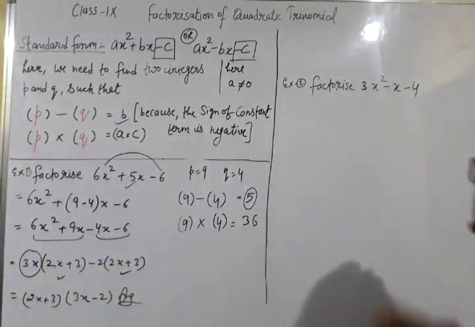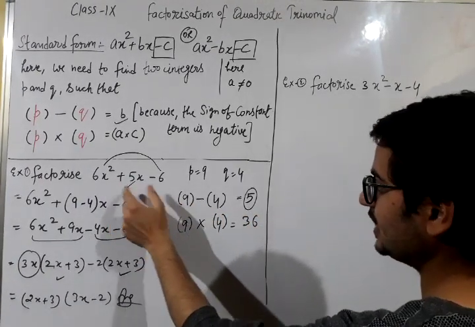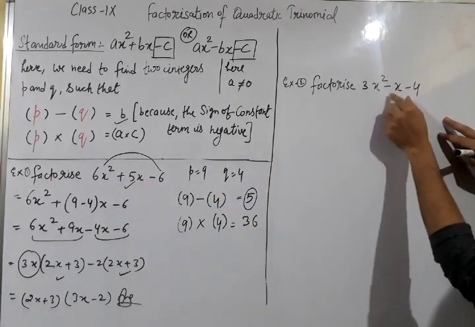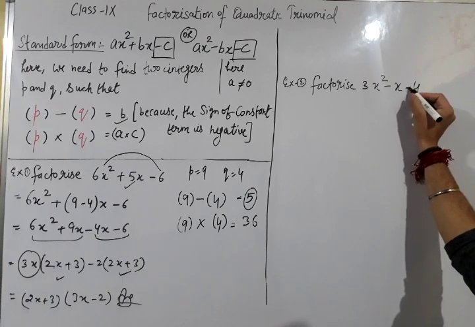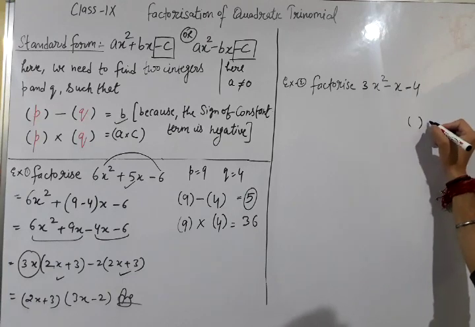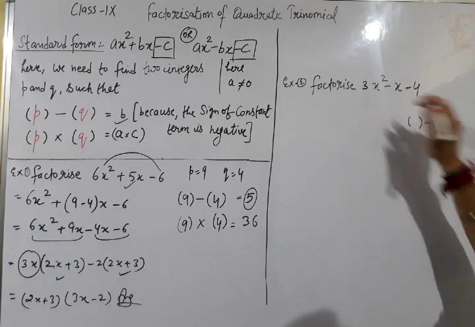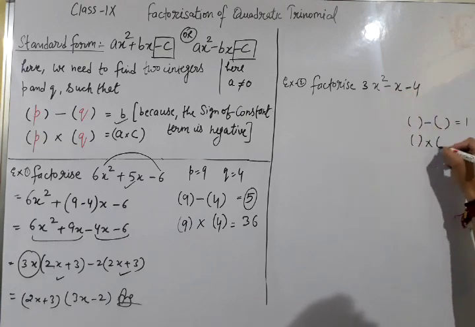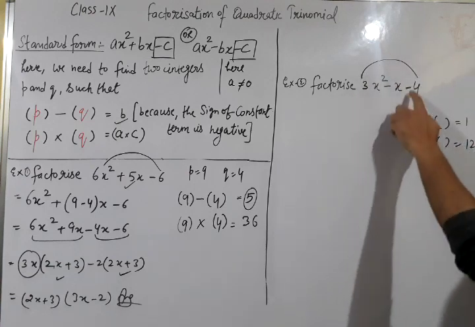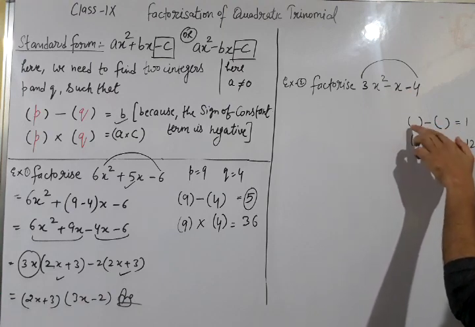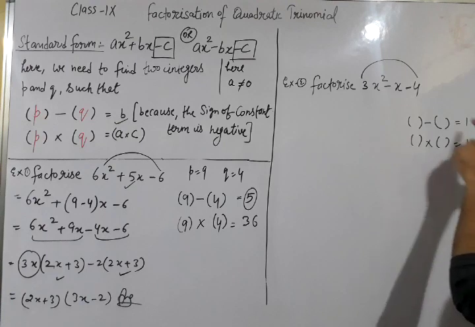Move on to our second example, 3x square minus x minus 4. Here we have a negative sign in the middle term, but all the things will remain the same. So we need to find p and q such that their difference should be equal to 1 and their multiplication should be equal to 3 multiplied by 4, 12. Why 1?